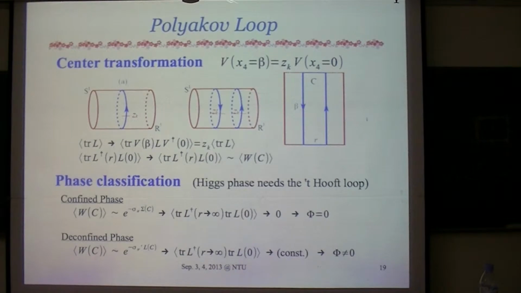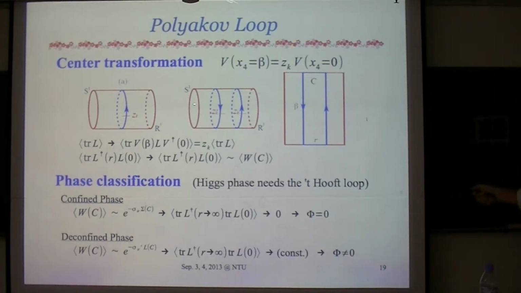In fact, this correlation function corresponds to the Wilson loop expectation value in the zero temperature system. Because at finite temperature the temporal direction is compactified, with this periodic boundary condition this looks like two separate pieces.